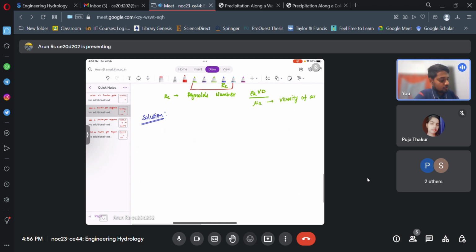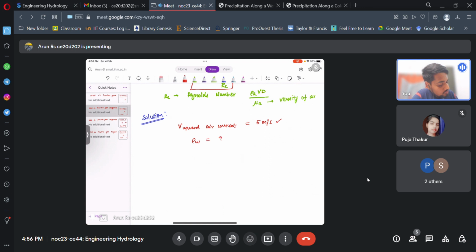Okay. Now we can solve this. So velocity of upward air current is given as 5 meters per second. We are just noting it down.